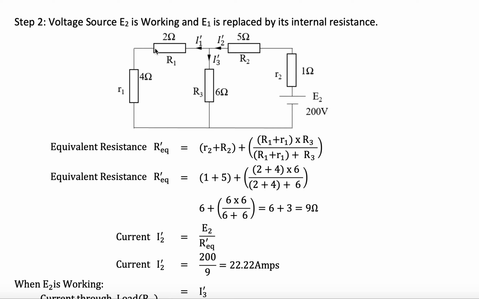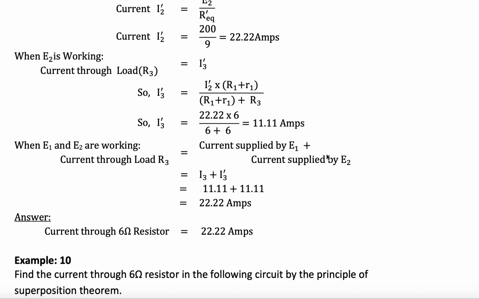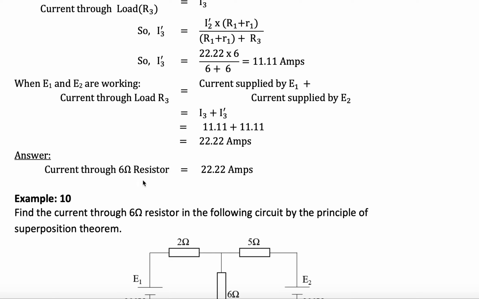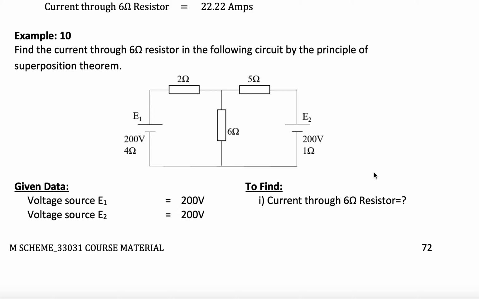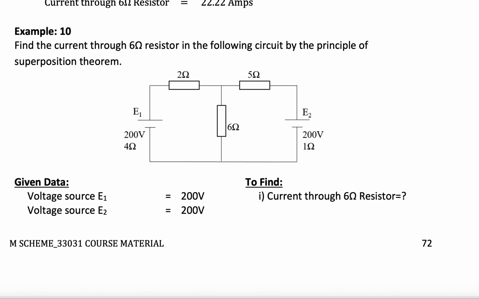I2 dash into the opposite 6 by total 6 plus 6, 12, that is I2 dash by 2, nothing but 100 by 9, that is 11.11. This is 100 by 9, that is also 100 by 9, so the total current is 200 by 9 or 22.22 ampere. This is a similar problem that I can skip.